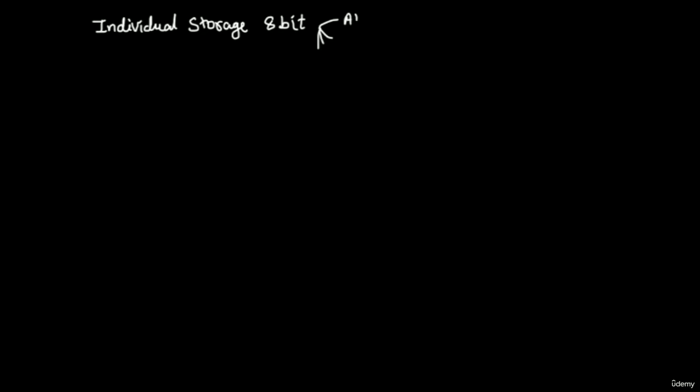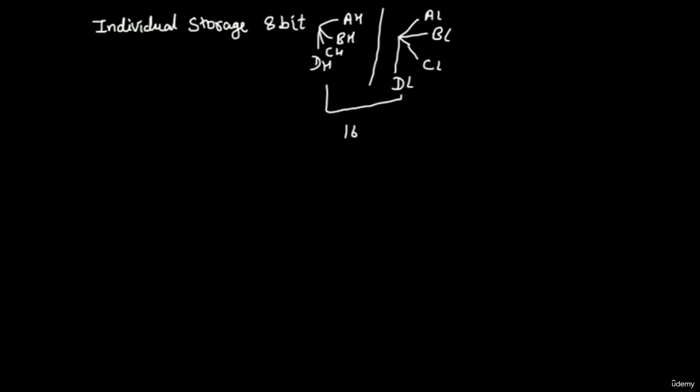It can be AH, BH, CH, DH, or again AL, BL, CL, and DL. And if we choose to do it together, that will give us 16-bit, and we just write the X, and here we can have A, B, C, or D.